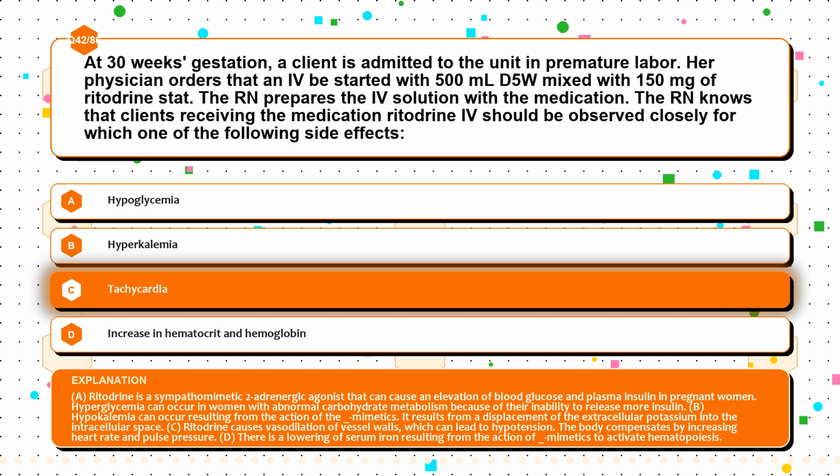It results from a displacement of the extracellular potassium into the intracellular space. Ritodrine causes vasodilation of vessel walls, which can lead to hypotension. The body compensates by increasing heart rate and pulse pressure. There is a lowering of serum iron resulting from the action of mimetics to activate hematopoiesis.